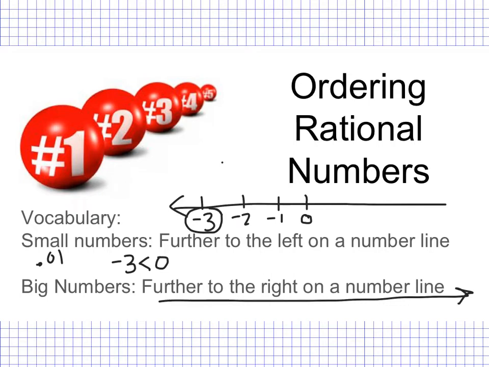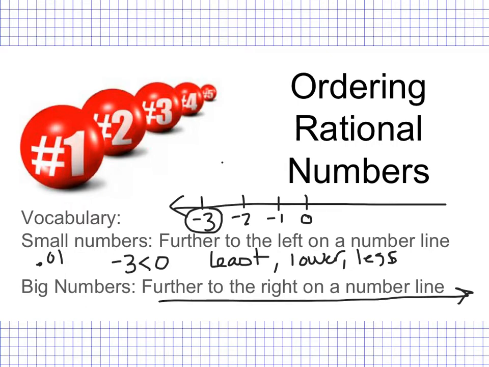Some other words that might be used to indicate small numbers would be if you were asked to find the least of a set of values, the lower number, the less or the lesser of two values, similar to the small or smaller.